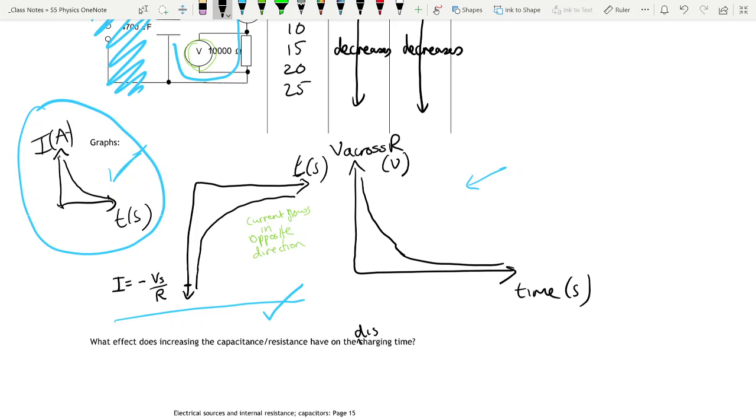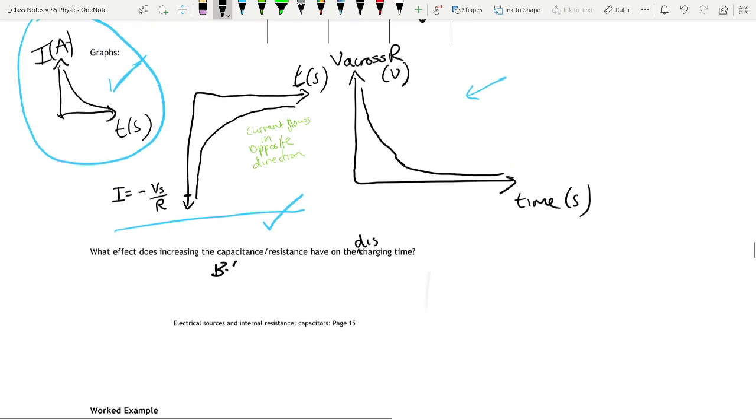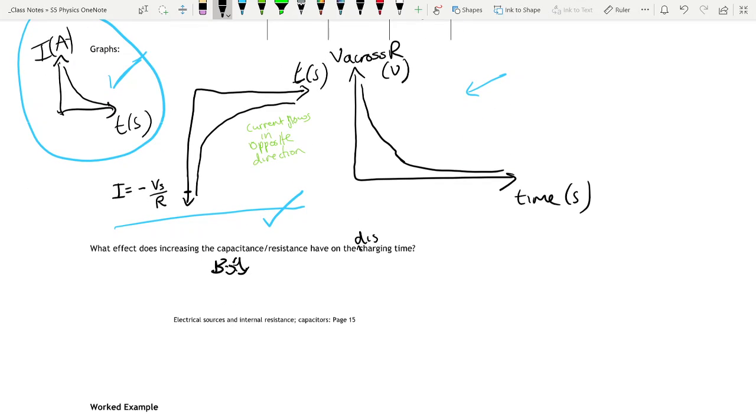If you've got a slower flow of water, there's more resistance. So if you increase that resistance, you decrease the flow of water, so it will take longer to release all of the water in that bucket. So increasing the capacitance and resistance both increase discharging time.